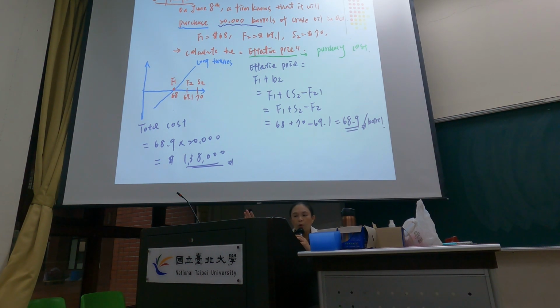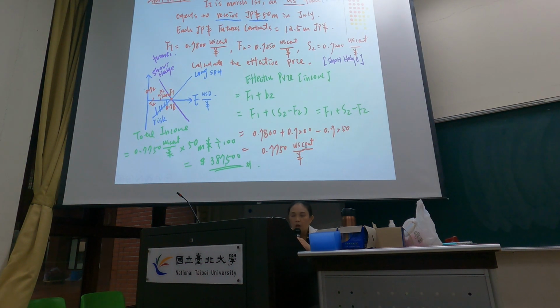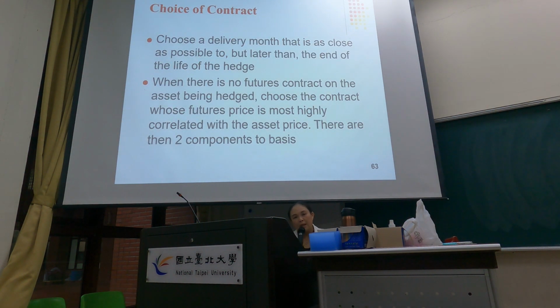You are using crude oil futures to hedge your spot position in crude oil, the same products. And then in the short hedge positions, you are using the same currencies, like Japanese yen in exchange for US dollar, okay? But sometimes, unfortunately, if you want to hedge, you cannot find a perfectly matched futures position.